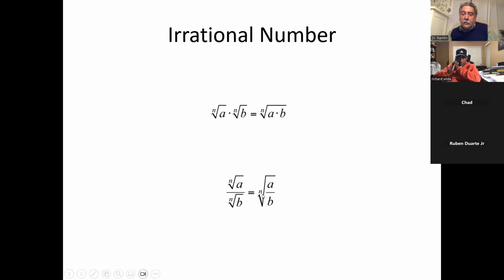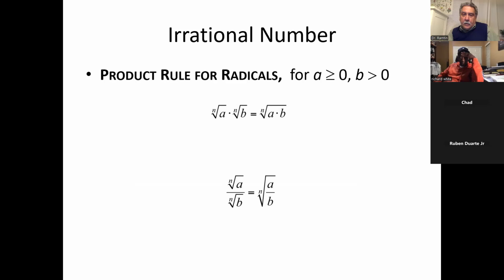You make them into one radical sign and you divide them. All right. These are just the rules that you got to memorize, you got to know. When A is greater than or equal to 0 and B is not 0. B cannot be 0 because in division we cannot divide by 0.